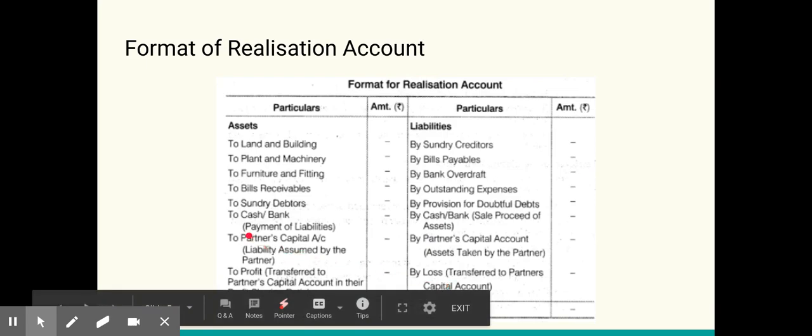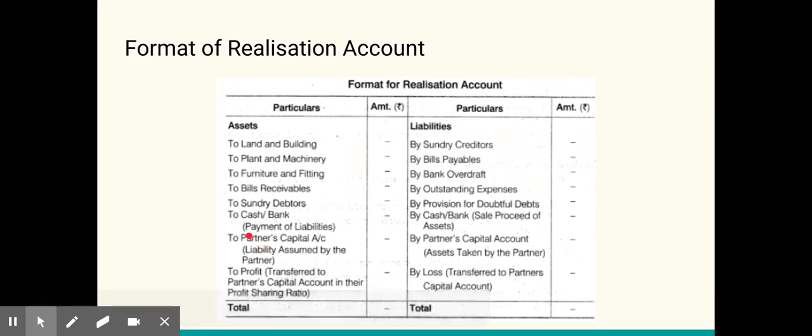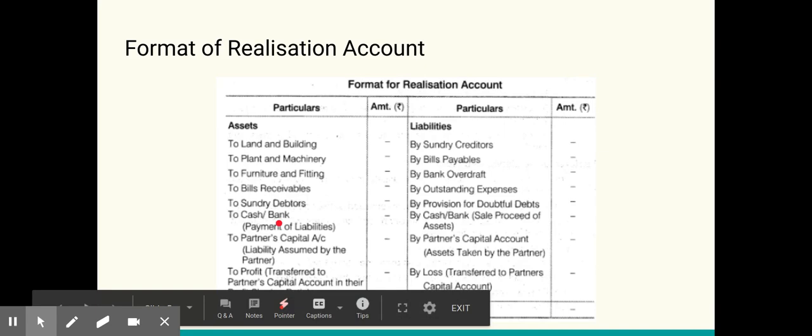Then here, when you're paying off the liabilities, the journal entry will be, for example, settling the creditors: realization account debit to cash or bank account, because cash is going out, the money is going out. Since the realization account is debited in the journal entry, the cash or bank comes on the debit side of the realization account.